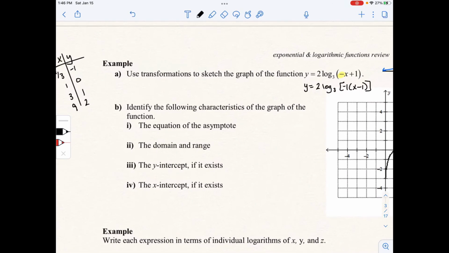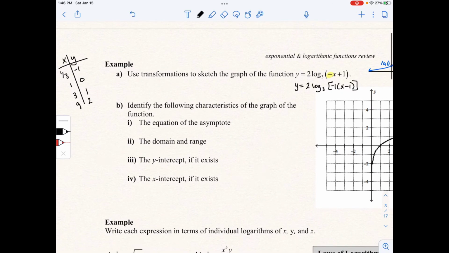I can see that I've got a vertical stretch by a factor of 2, so that's my only y operation. And then in terms of our x, we've got a horizontal reflection, so we're going to multiply x by negative 1, and then we're moving right 1, so we're going to add 1. And then, of course, our y will be 2y.